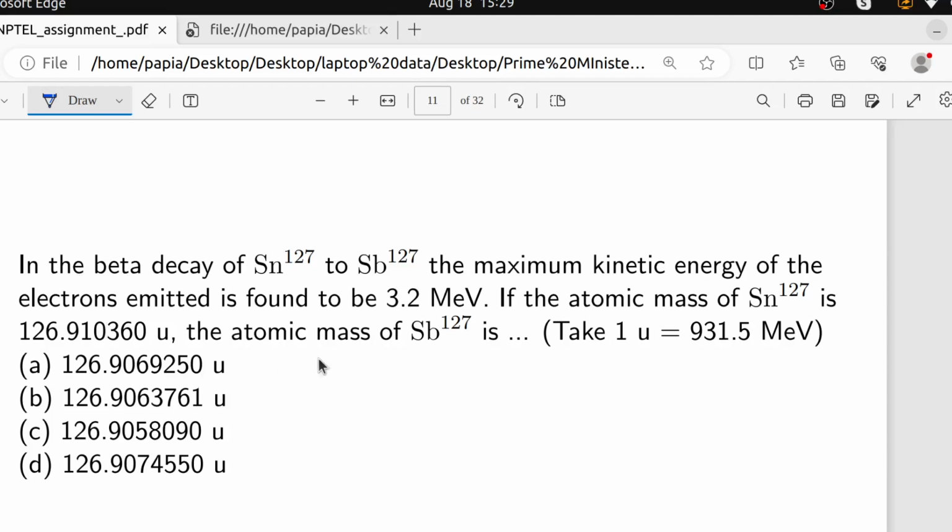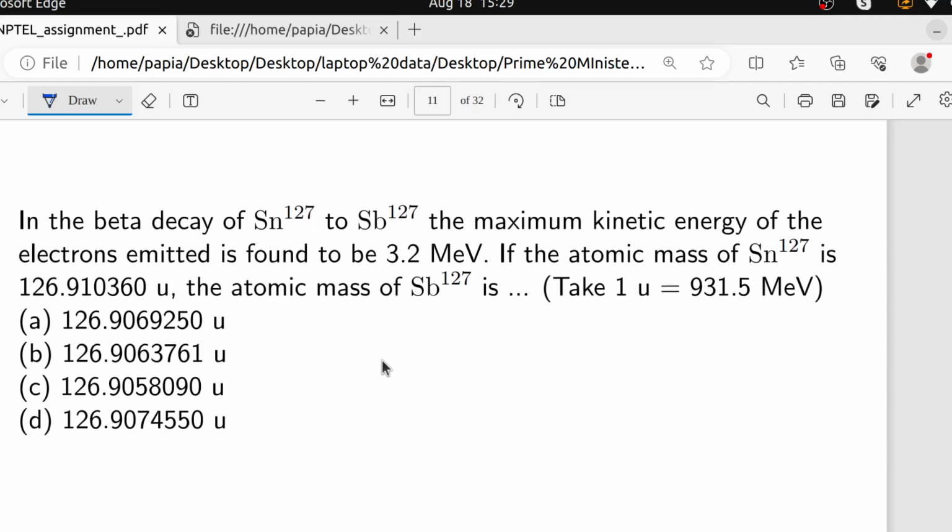So just see the question. In the beta decay of Sn127 to Sb127, the maximum kinetic energy of the electrons emitted is found to be 3.2 MeV. If the atomic mass of Sn127 is this one, the atomic mass of Sb127 will be what?